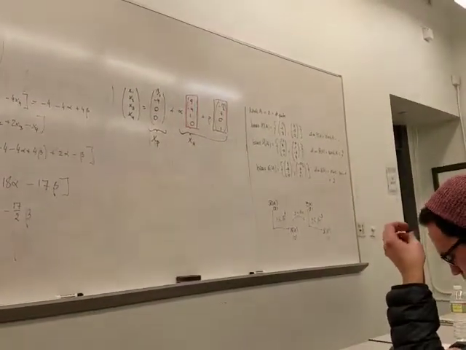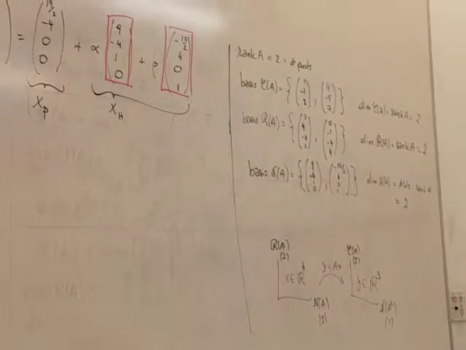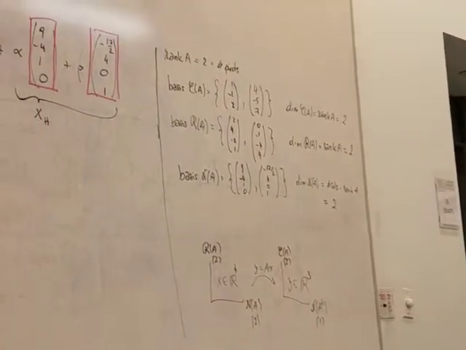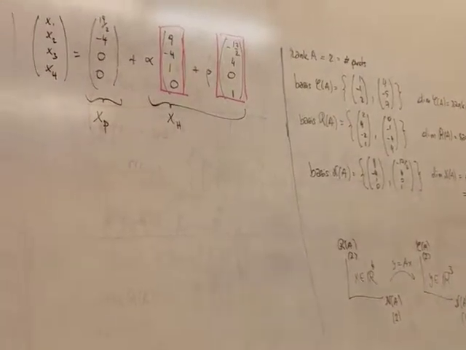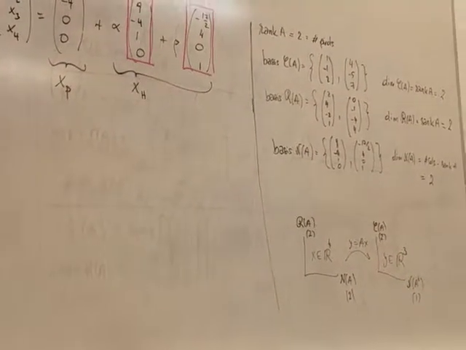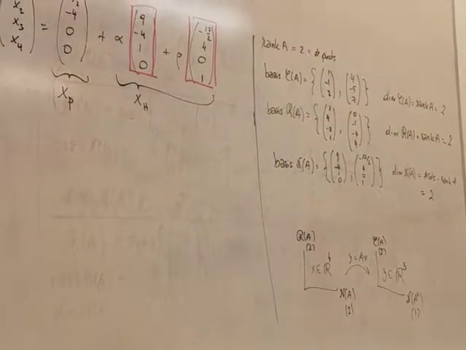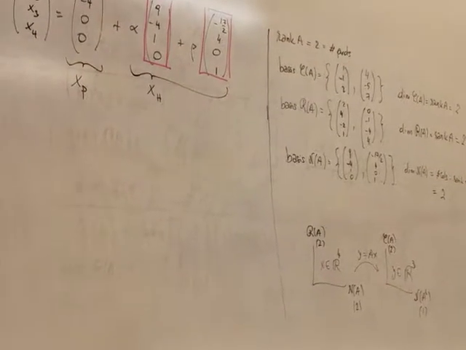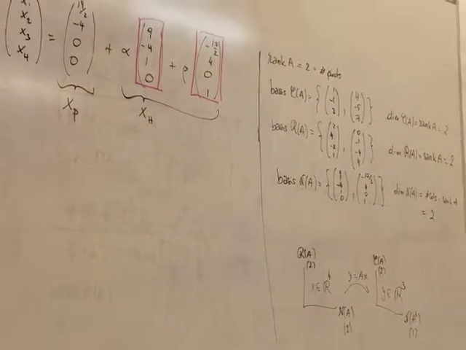Now let's go back and reread our problem. Let the linear transformation T from R4 to R3 be given by A times X. Okay.